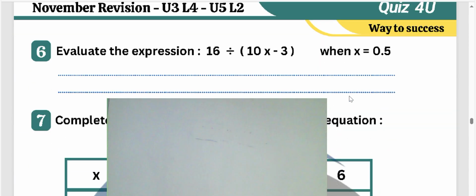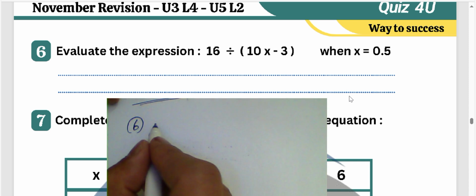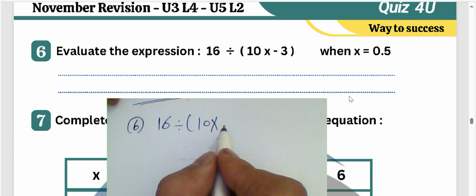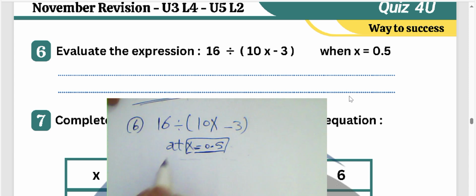Evaluate the expression, number 6. We have 16 divided by 10x minus 3 at x equals 0.5. Put x equals 0.5 here. 16 divided by 10 times x. The value of x is 0.5, so 10 divided by 0.5.